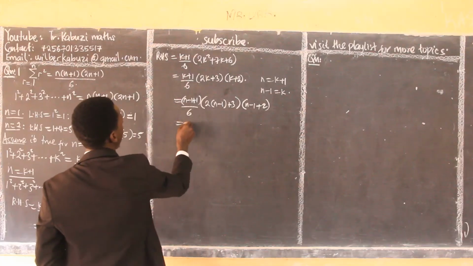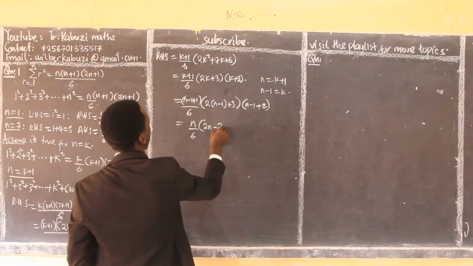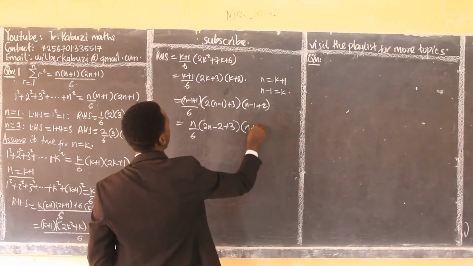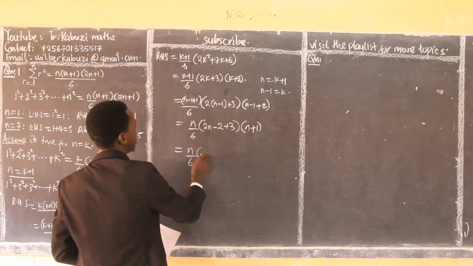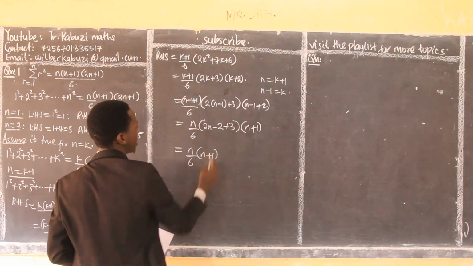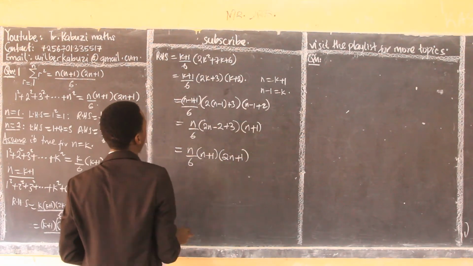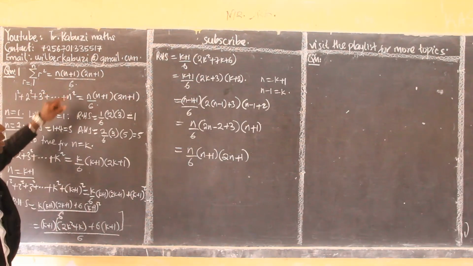So you can simplify it to n over 6 into 2n minus 2 plus 3 into n plus 1, which I can easily write as n over 6 into n plus 1, then 2n plus 1, and so that is equaling to what we have already there.